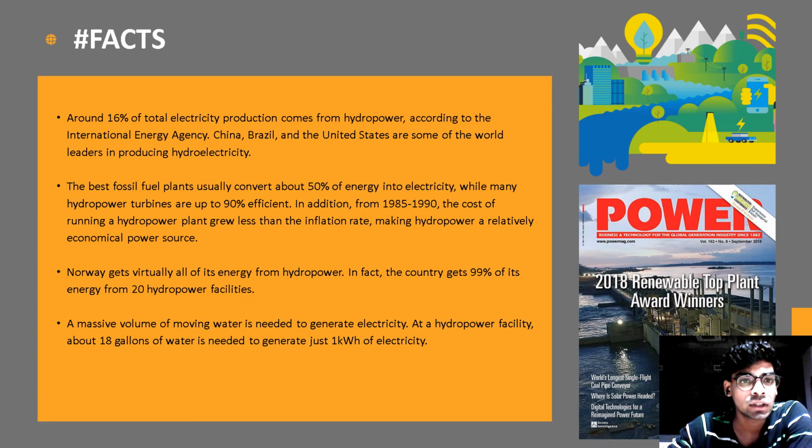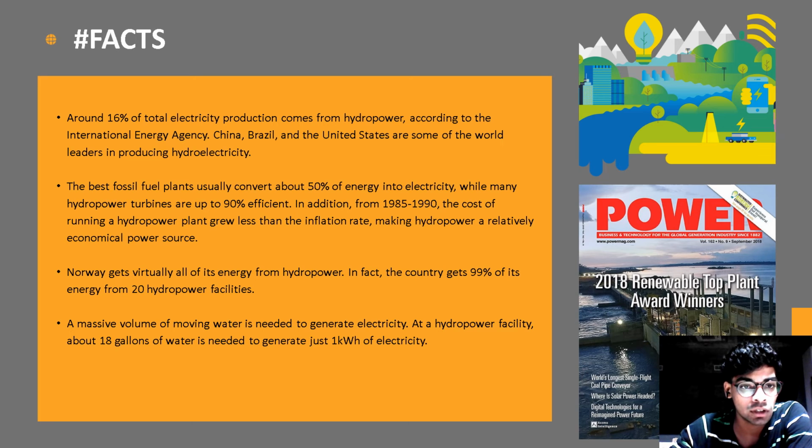Around 16% of total electricity production comes from hydropower, which is surprising. According to the International Energy Agency, China, Brazil, and United States are some of the world leaders in producing hydroelectricity.